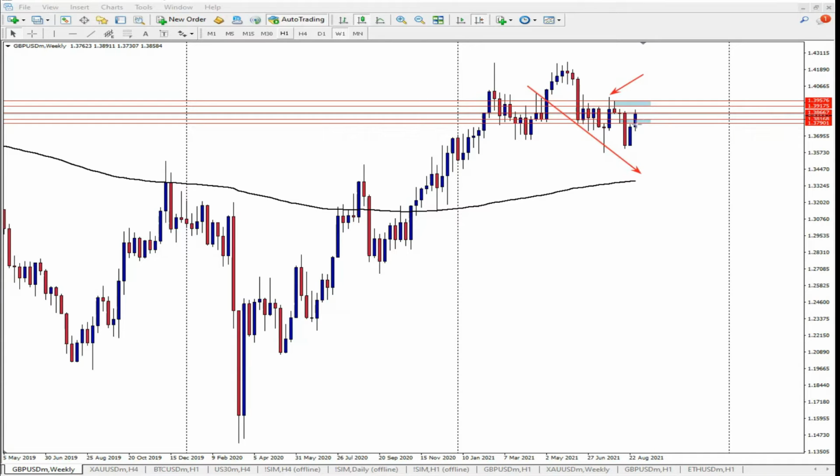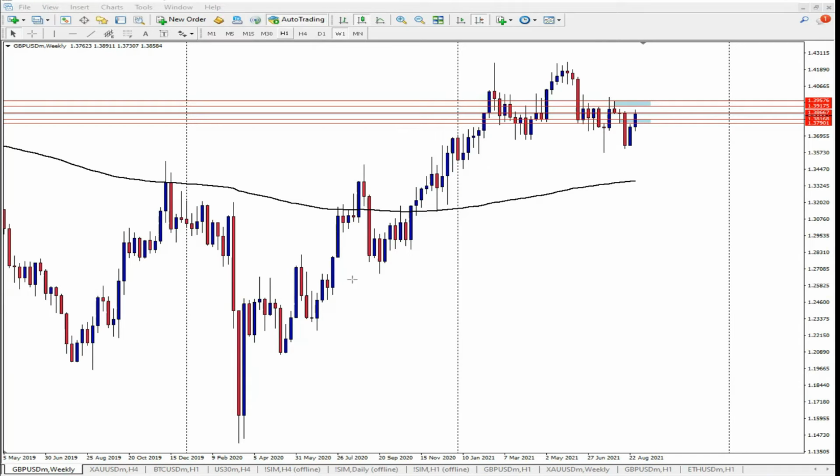So if price pushes into this zone, it's going to be a new lower high, probably to drop. That is on the weekly. So like I said, on the daily, we are still looking forward for buys. So that is our bias on pound dollar.